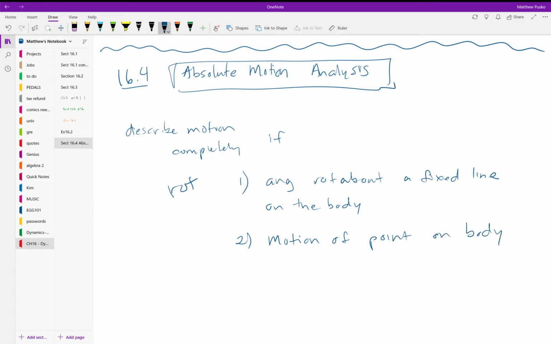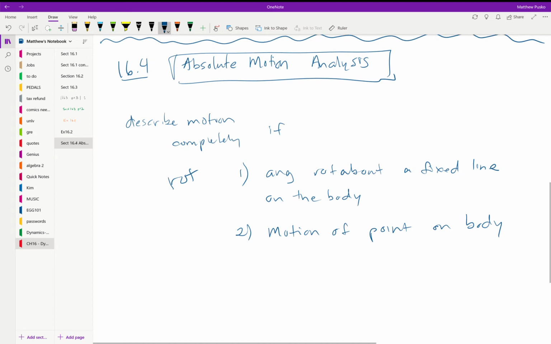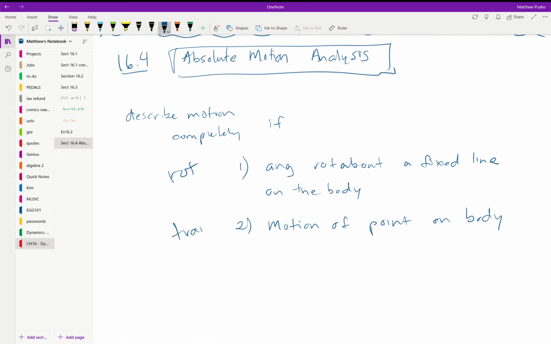Alright, if we can relate the angular rotation to a motion of the point, this would be the translation motion.